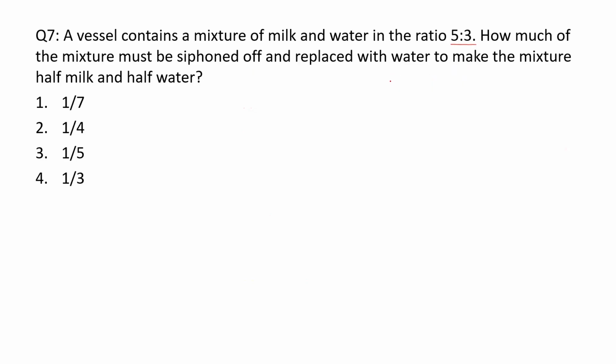Okay. So right now in the mixture you have 5 portion of milk and 3 portion of water. You want to replace the mixture by water, so you have to remove some amount of mixture and add the same amount of water, so that your resulting mixture becomes 50% milk, 50% water.